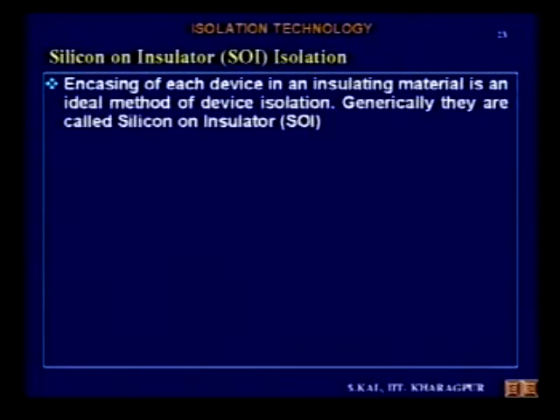Encasing each device in an insulating material is an ideal method of device isolation. That means side wall as well as bottom wall. The whole is covered by silicon dioxide. Generically, they are called silicon on insulator. Bottom layer is oxide, side layer is oxide, and in between that island silicon is there. So silicon on insulator or SOI.